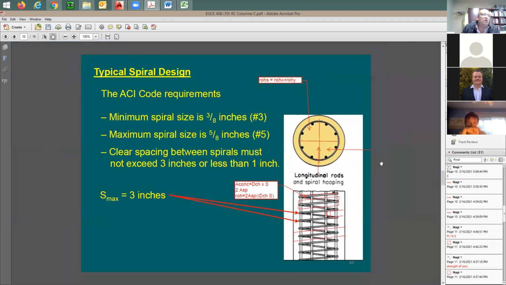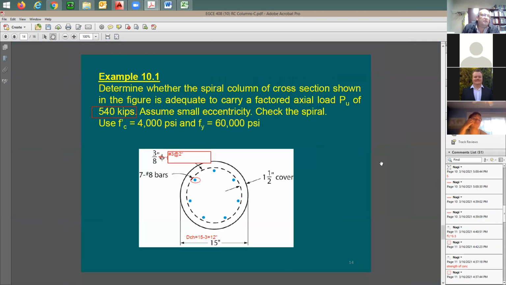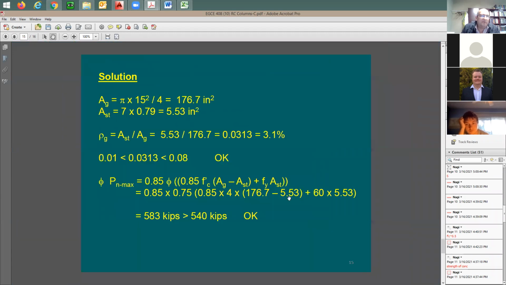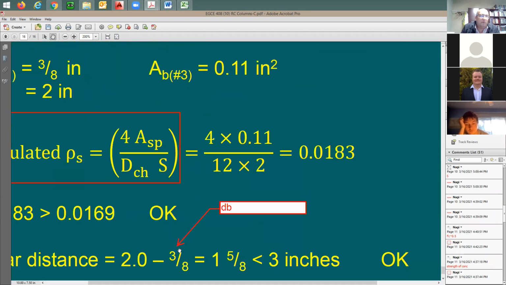So for example, when it says here 2 inches, it gets it from the center of the spiral to the center of the spiral. So you subtract half from the top, half from the bottom, meaning that you subtract 1 bar diameter. Yeah, that's why I was confused, because I thought that inside those 2 inches, there is no bar. I see. Okay.